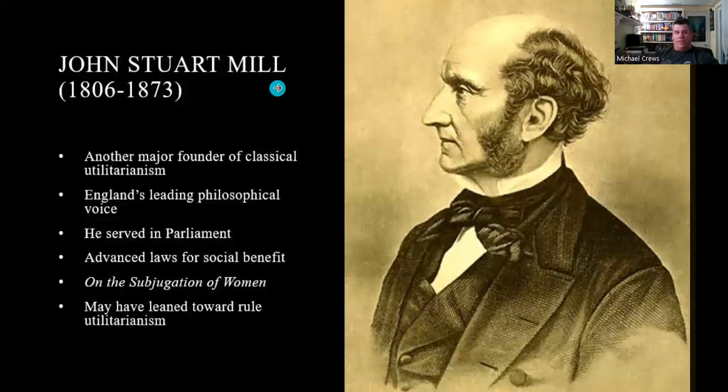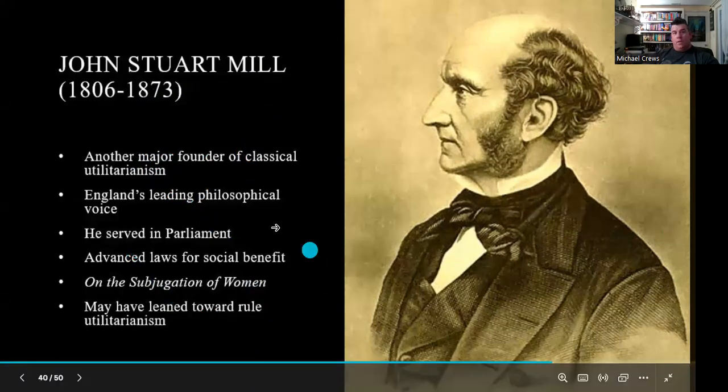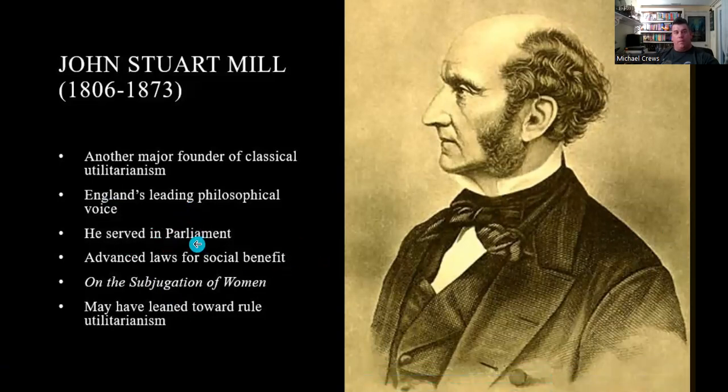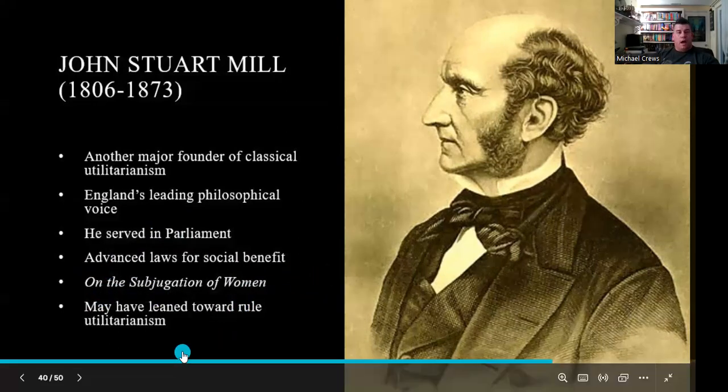John Stuart Mill was like his godson or something like that, and he was another utilitarian. He was a leading philosopher in England. He served in Parliament and advanced laws for social benefit. He was a radical feminist who wrote a book on the subjugation of women. And so he would have leaned towards what we call rule utilitarianism.